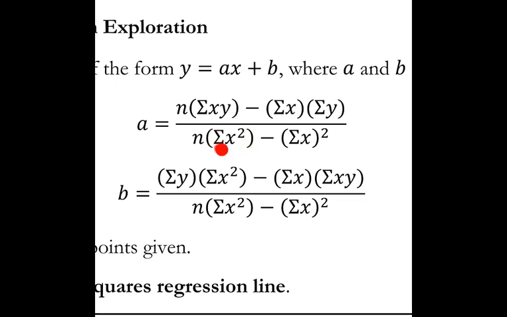Take a moment to see if you can understand what this one means. Okay. So this one is saying the first x value squared plus the second x value squared plus the third x value squared plus the fourth x value squared, until you get to the end of the list. All right. Take a moment to see if you can understand what this one means. Okay.